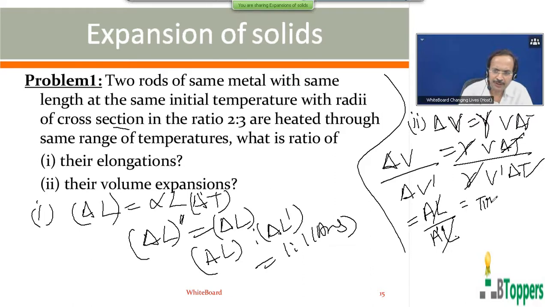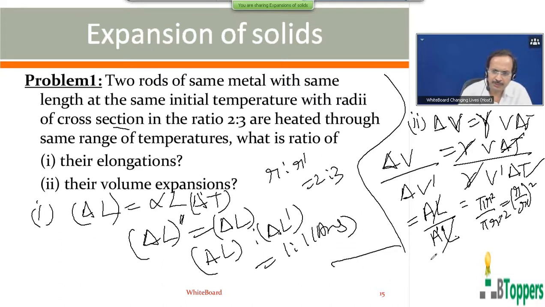And area of cross section we can write pi r square for first rod, for second rod pi r dash square. So that is r by r dash whole square. Here r by r dash you can take as the ratio of the radius of cross section, which is given as 2:3.